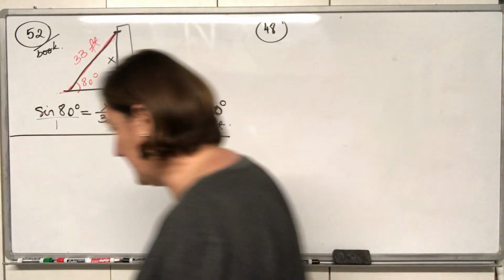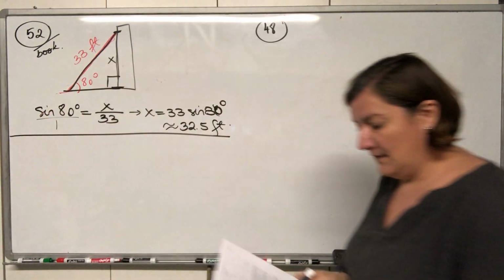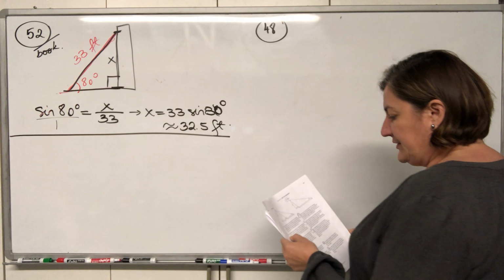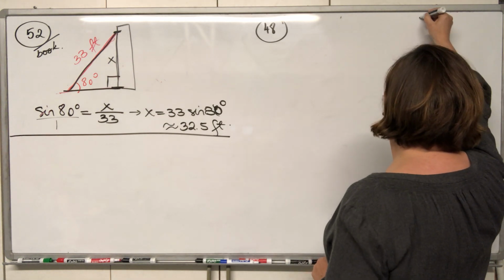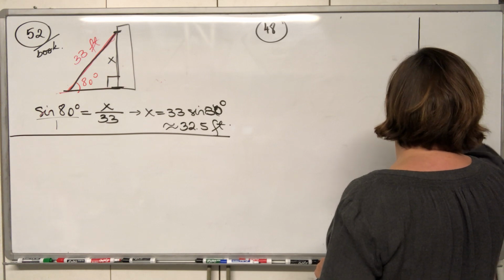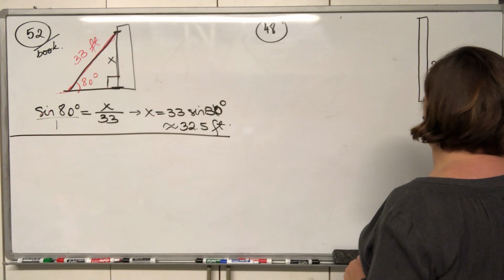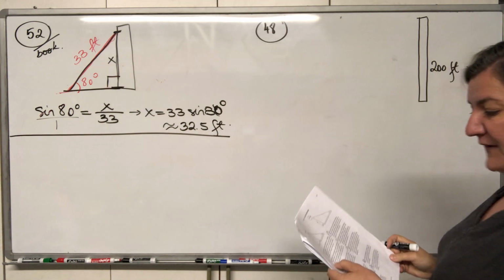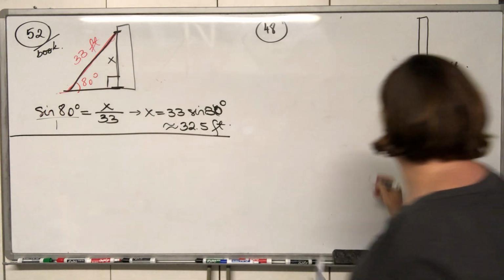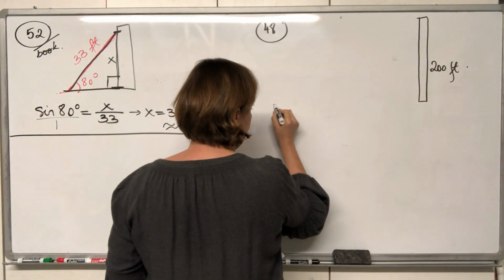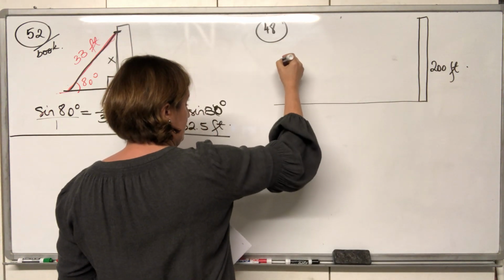Oh, there's problem 48. It says, a 200-foot tall monument is located in the distance. So I'm going to draw for you a 200-foot tall monument. There it is. From a window in a building, a person, so there's the monument, and somewhere in the distance there's a building.